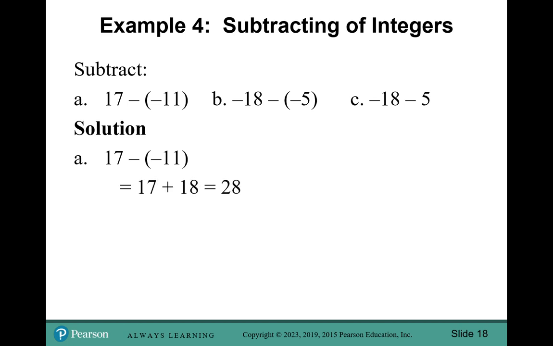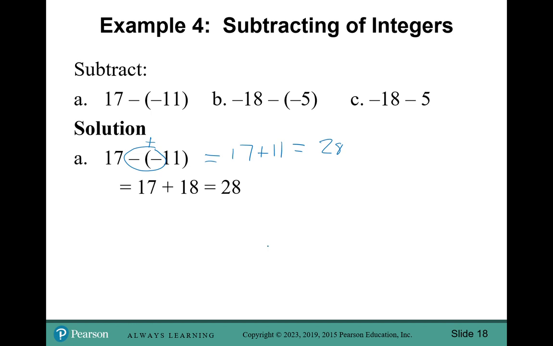So what we are really looking at here, let me handwrite it, is 17 plus 11. Minus a negative turns into a positive. So 17 plus 11 is 28.